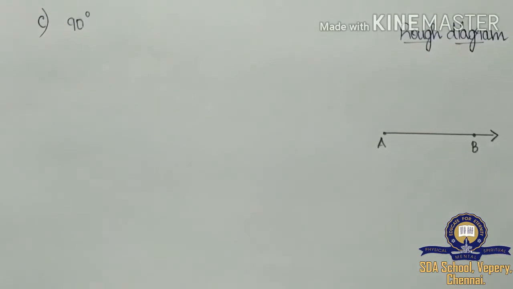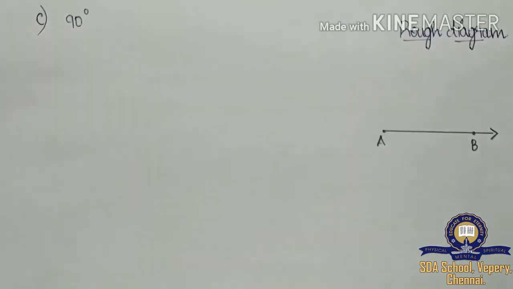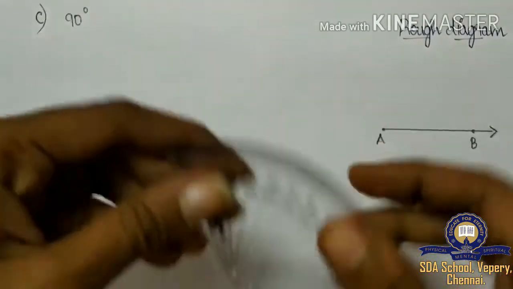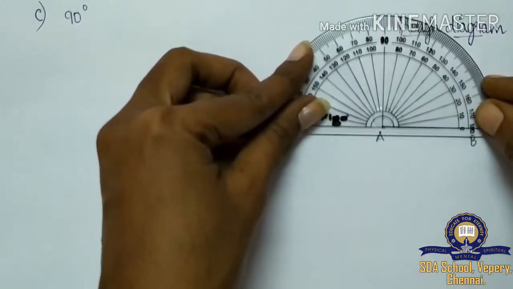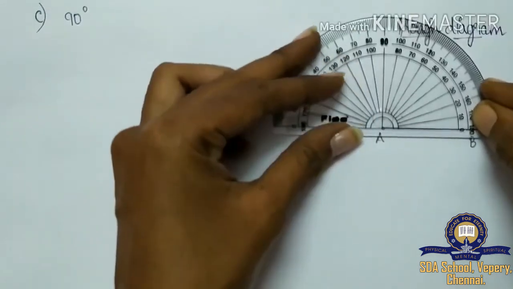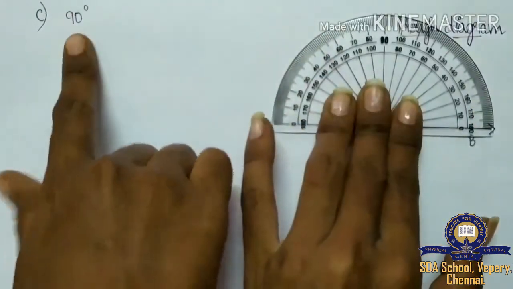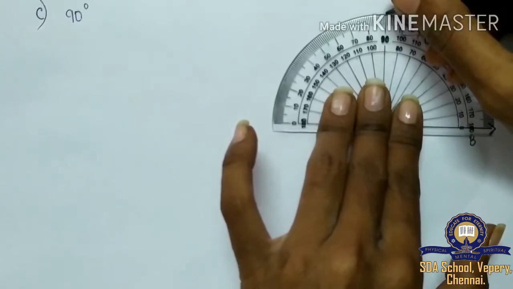Next, using protractor, the given angle is 90 degree.